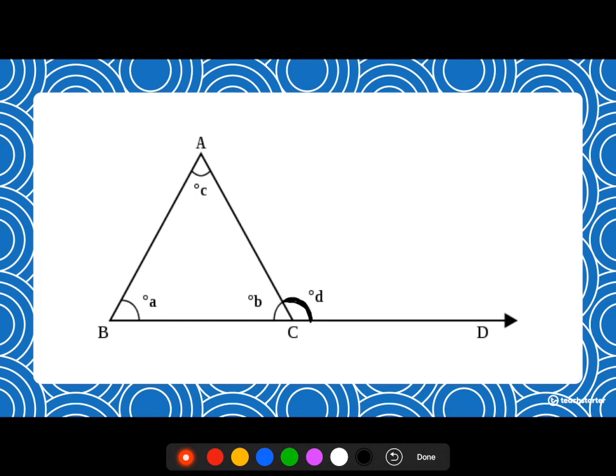Now because we know that an angle on a straight line always equals 180, which is a flat line, if we cut off A and put it here, and we cut off C and put it here, we would find that A and C is the same as D. And you could do that with a piece of paper if you wanted to. But basically, you just need to know the rule is that the other two angles added together equal the same as the exterior angle.